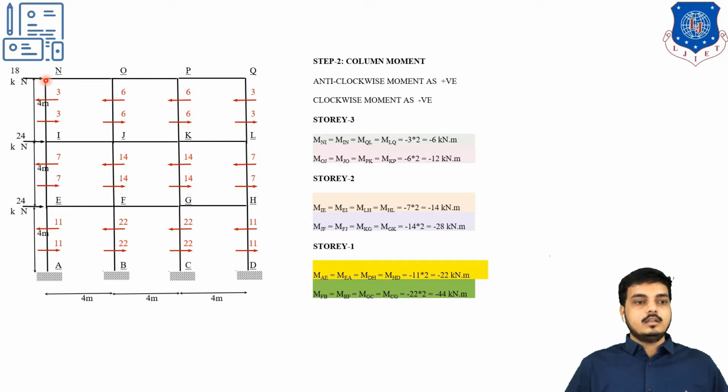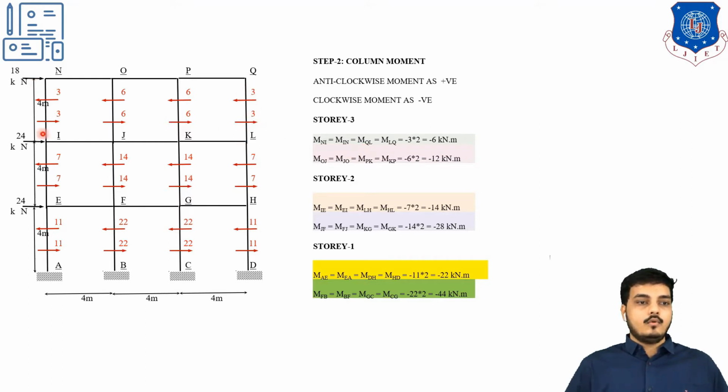If I am standing over here, the moment will be Mni, and if I am standing over here, the moment will be Min. Mni equals Min, because the forces are equal in this column and in this column also. So Mni equals Min equals Mql equals Mlq.